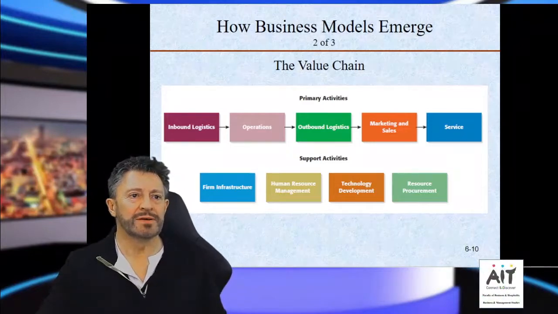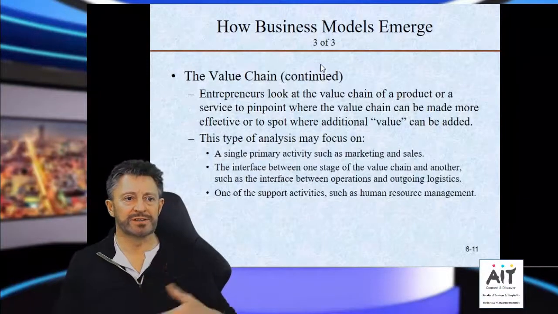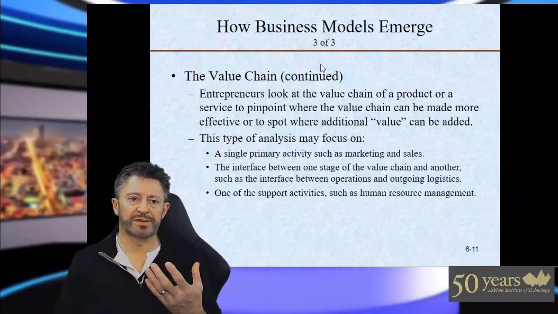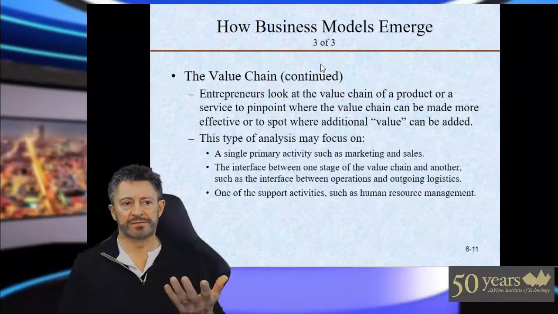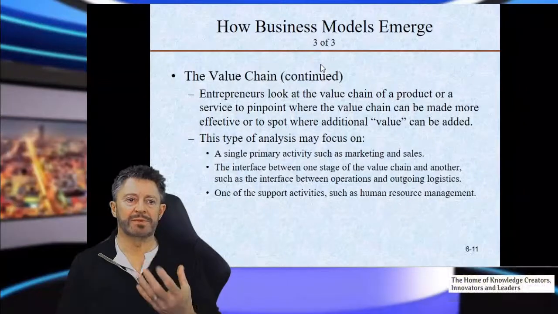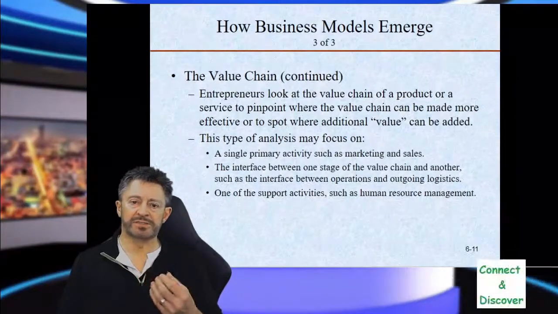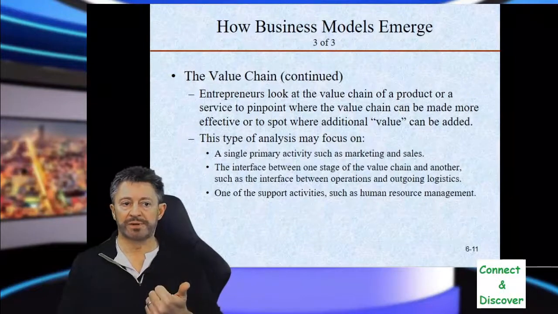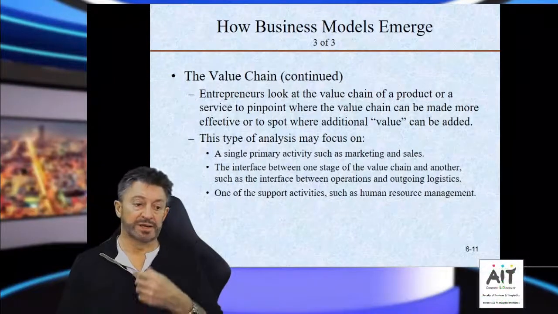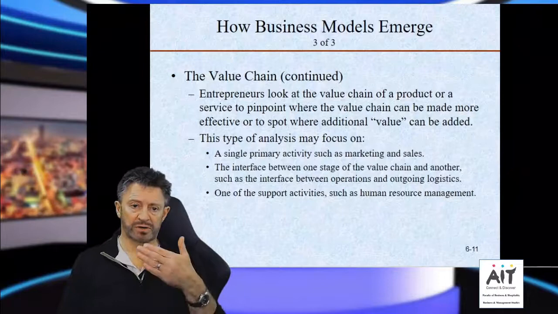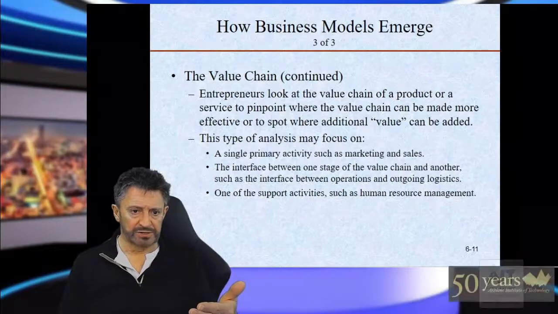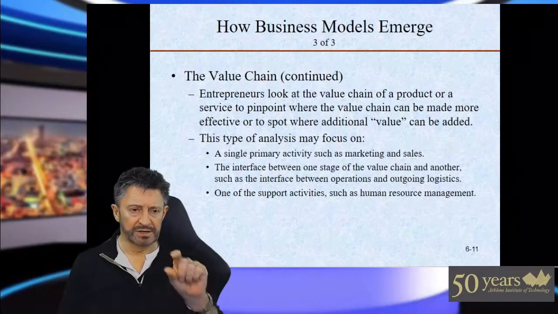So moving on from the value chain analysis. The value chain, as I've already said, we look at the value chain of a producer or a service to pinpoint where the value can be made more effective. So this type of analysis may focus on a single primary activity such as marketing and sales. Can we be more efficient? Can we get to our customers more efficiently to give them direct messaging?